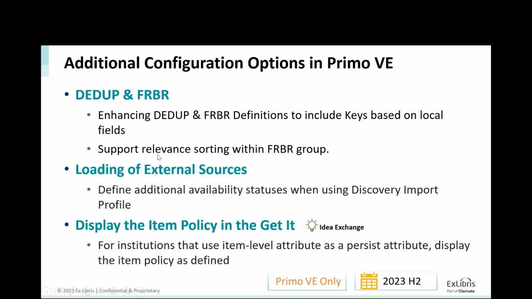Another enhancement supports relevance sorting within the FRBR group. This will give you an option to make the list of versions in a FRBR group more relevant while you are viewing it. Today it's sorted not necessarily matched to the way that you queried.